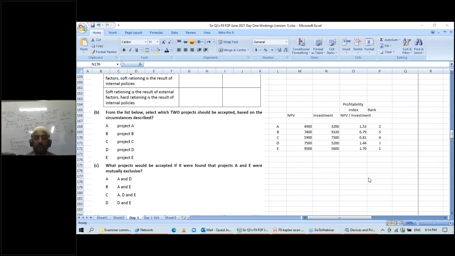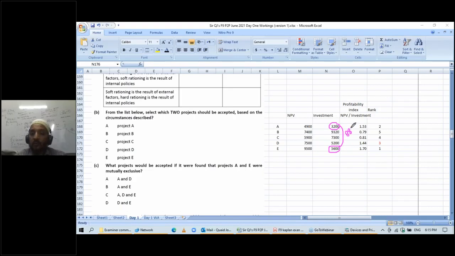Obviously the first one will be E, and then the second one will be A. These two projects can be selected, but keep in mind that the total amount to be invested should not exceed the 10 million amount, because you have a limited amount of funds available. In project E we need 5600, and in project A we need 3200 of investment, and the total of these two makes 8800.